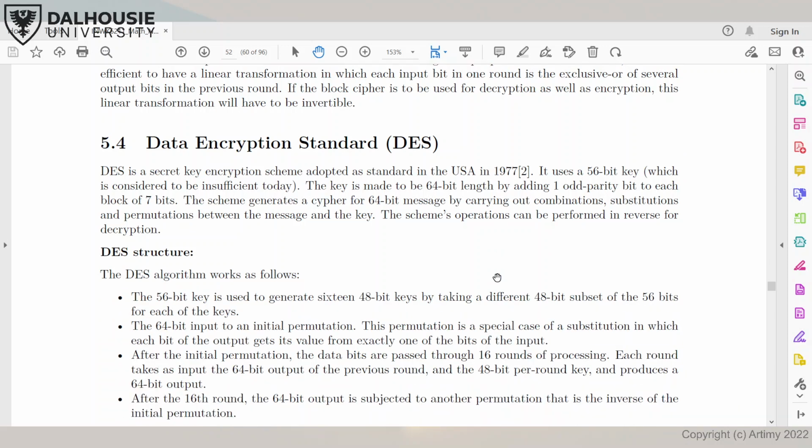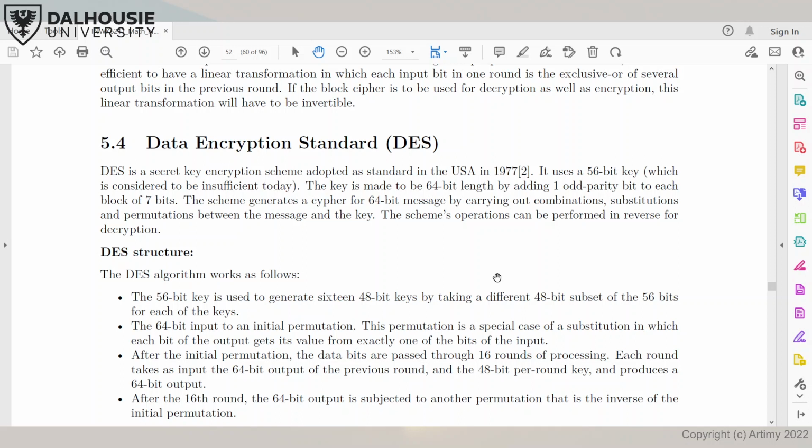All right, the first modern algorithm that we will study is what's called the Data Encryption Standard. The Data Encryption Standard is a technique or scheme that was adopted as a standard cryptography technique by the US in 1977. It uses a key of 56-bit length, and it also uses the same concept of diffusion that we talked about.